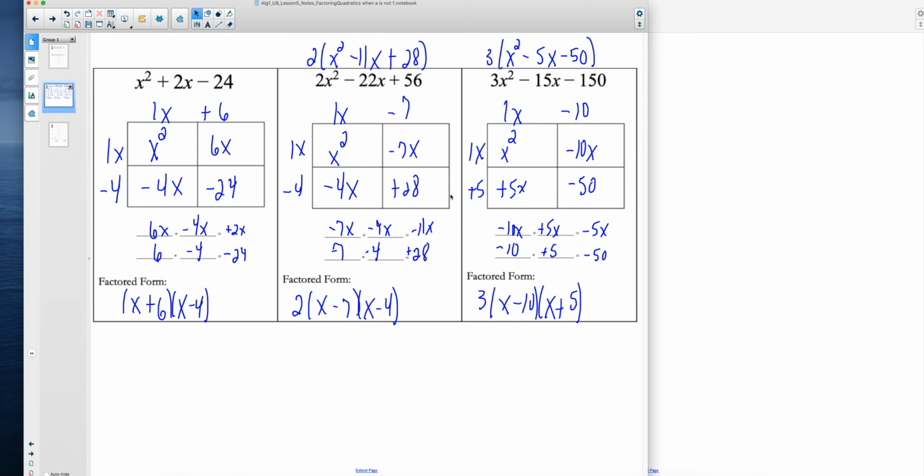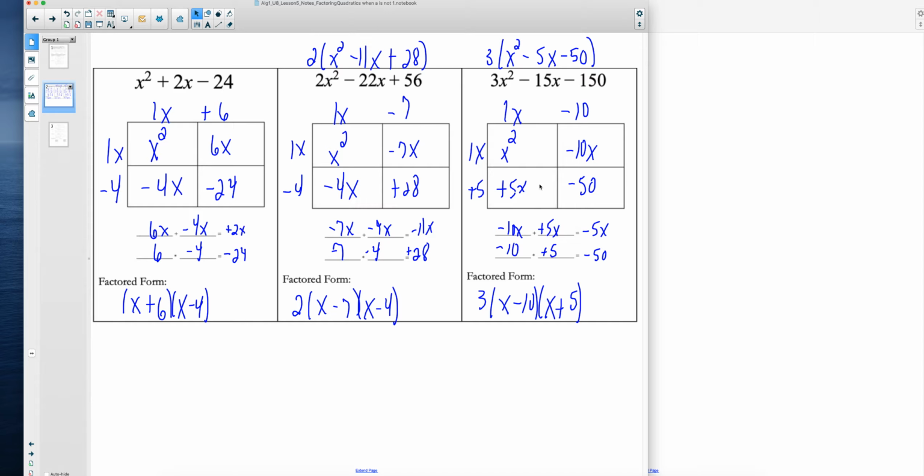All right, final example here. The GCF was 3, so you can see I have the 3 written out, which would leave us x squared minus 5x minus 50. So our A term is here, our C term is here. A times C is negative 50. Our B term, once we have that GCF factored out, is a negative 5x right here. So the combination we would want is negative 10 times 5, and then negative 10x plus 5x is negative 5x.